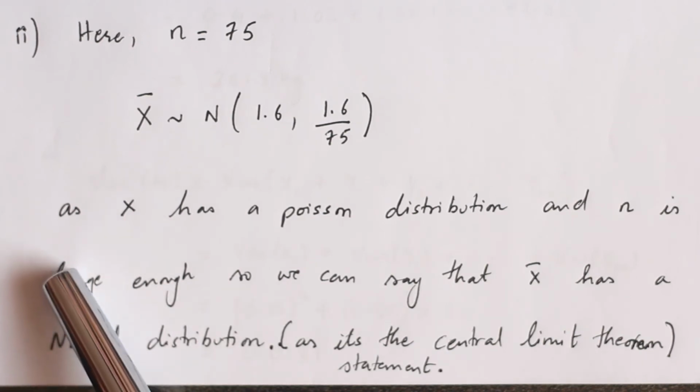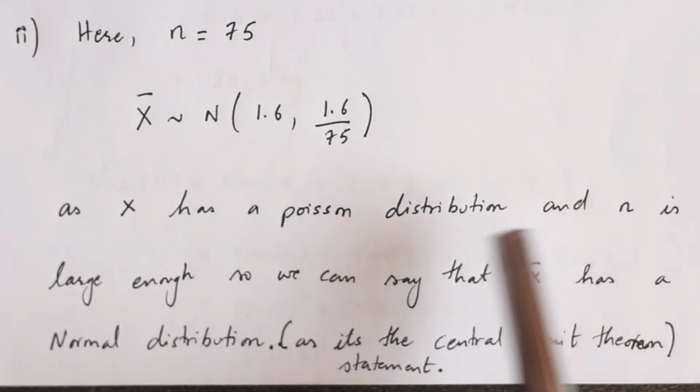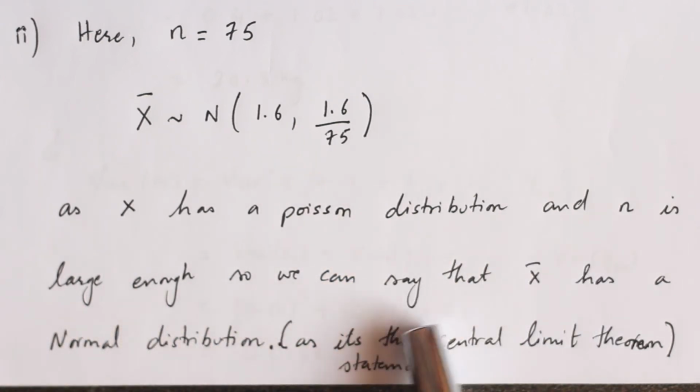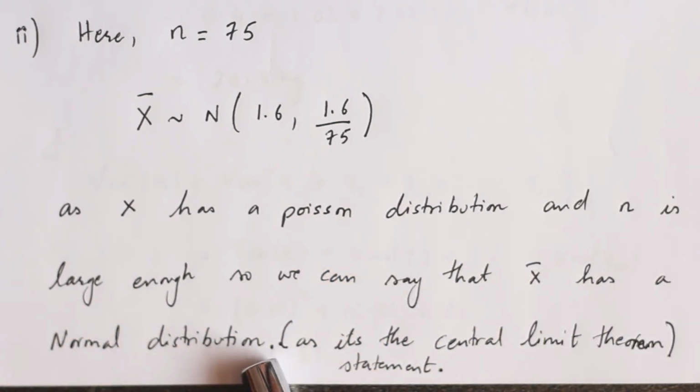The reason is as follows: as X has a Poisson distribution and n is large enough, we can say that X bar has a normal distribution. That's basically the statement of the central limit theorem.